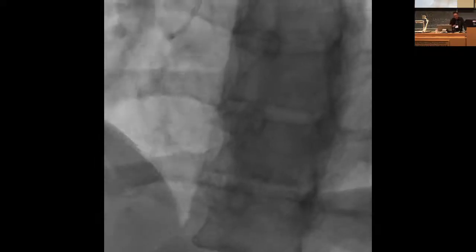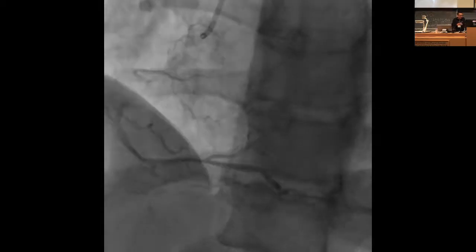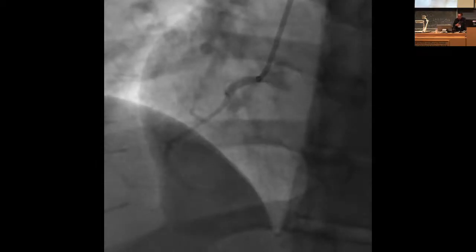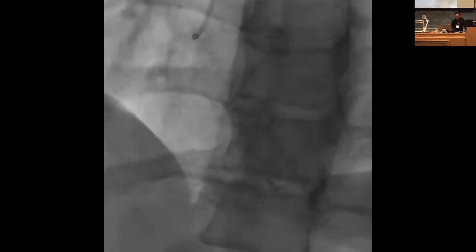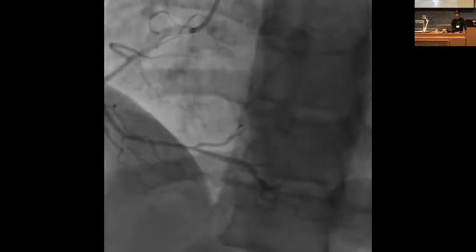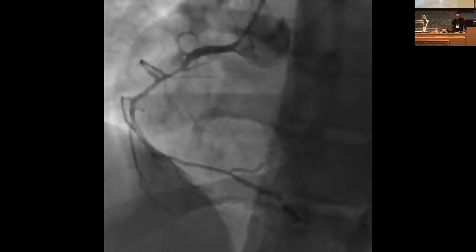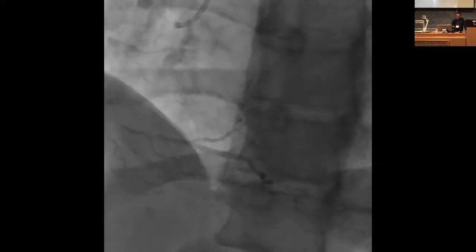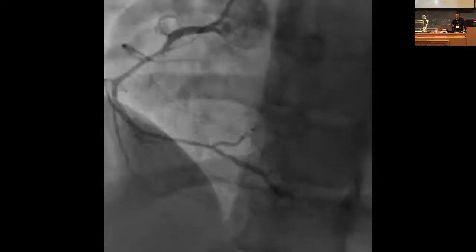Somebody else did this case, and they were not sure it was SCAD. This patient presented with acute coronary syndrome, and you can see that the vessel is not quite normal. And it was decided that they go ahead and do imaging.